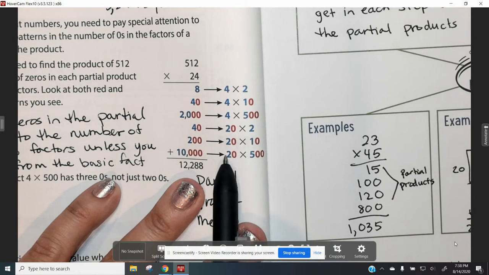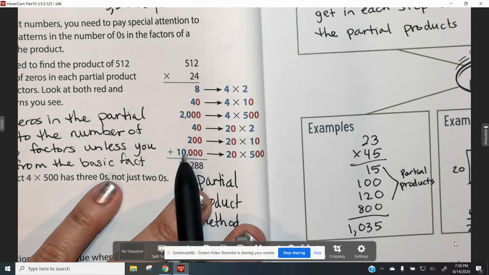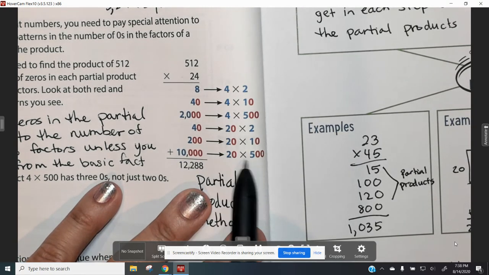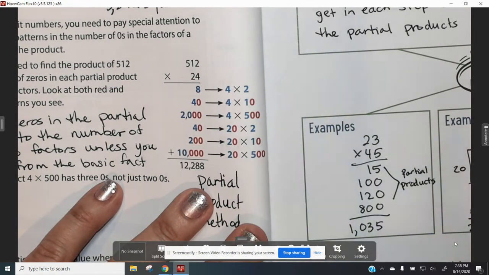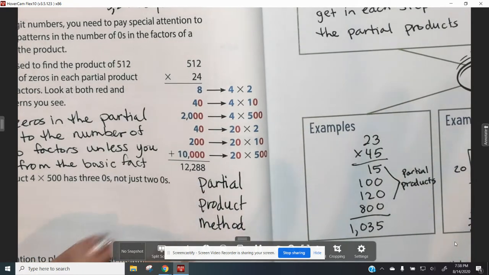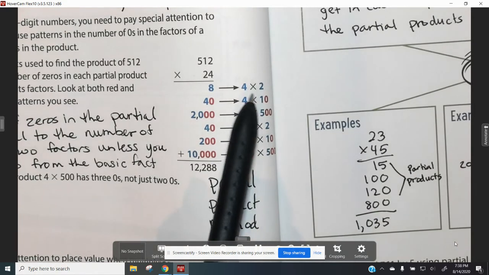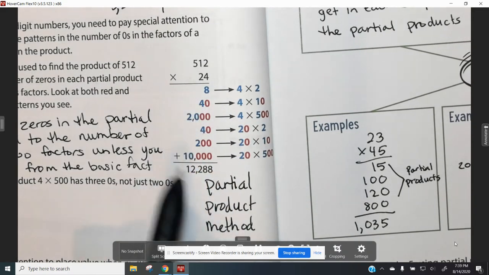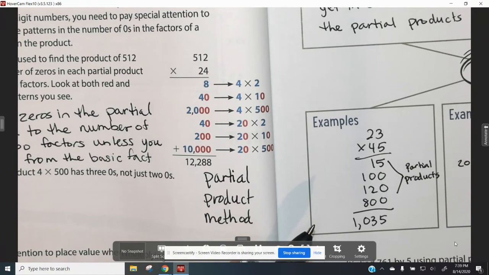So we have 20 times 500 gives you your 3 red zeros, but then we have this extra zero here because 2 times 5 is 10. So I'm going to teach you how to do this tomorrow. You don't need to worry about that, but I just wanted you to have an idea about how your zeros go along with each of your partial products.